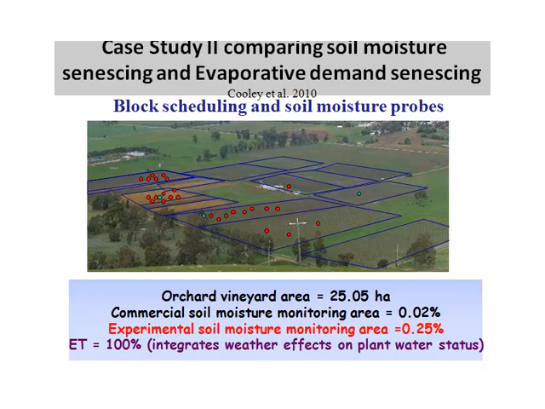Some facts worth noting about soil moisture measurement. In this example, the orchard vineyard area summed 25.05 hectares. The commercial soil moisture monitoring area was about 0.02%. The experimental soil moisture monitoring area, which comprised many soil moisture probes, only totaled 0.25% of the area.